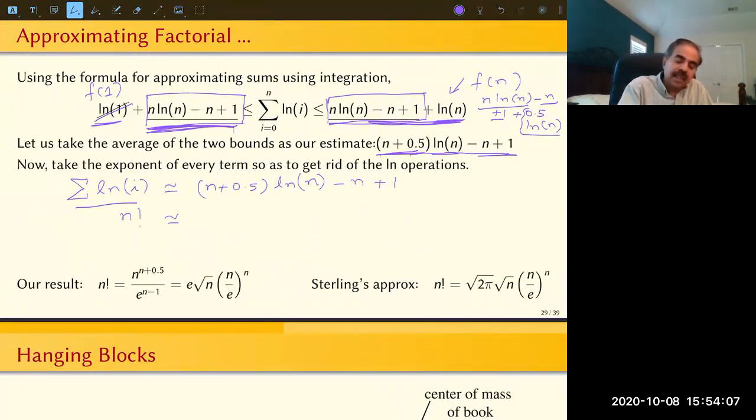Then we need to raise this whole thing to the power.